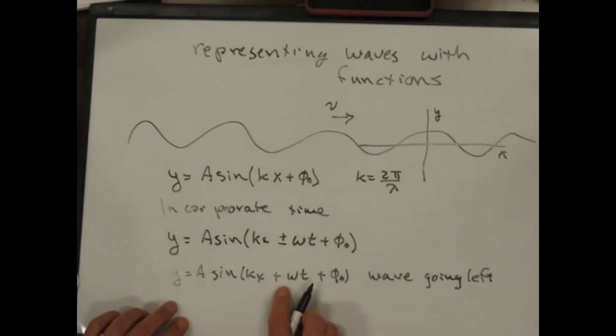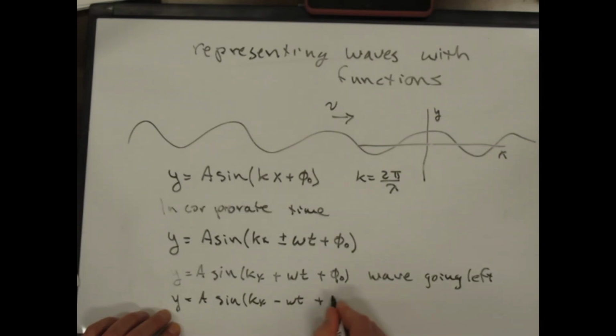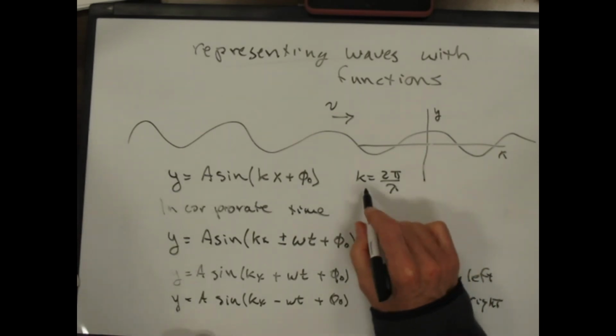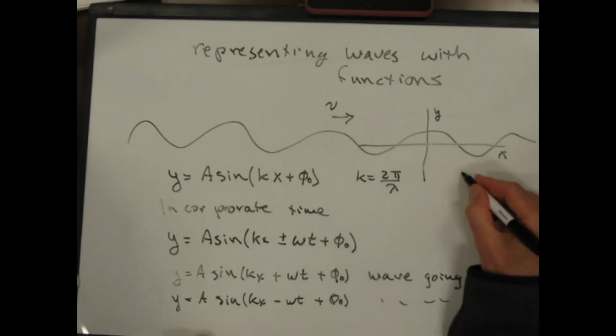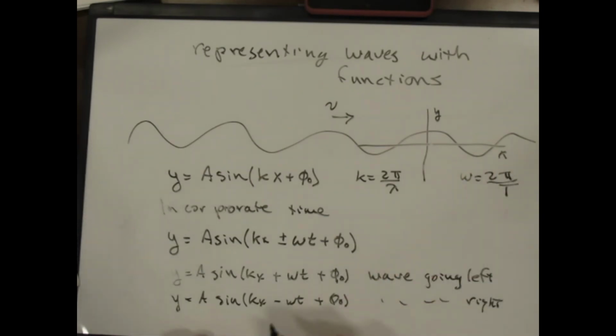A sine of kx plus omega t plus phi naught is a wave moving to the left, and the other is a wave going to the right. Notice that this is the same k where k is equal to 2 pi over lambda and omega is equal to 2 pi over the period.